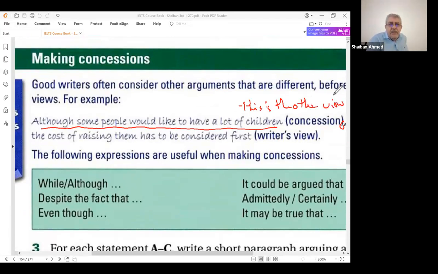The cost of raising them has to be considered first, the writer's view. What is the other view? Some people would like to have a lot of children, it's okay. And the cost of raising them has to be considered first.